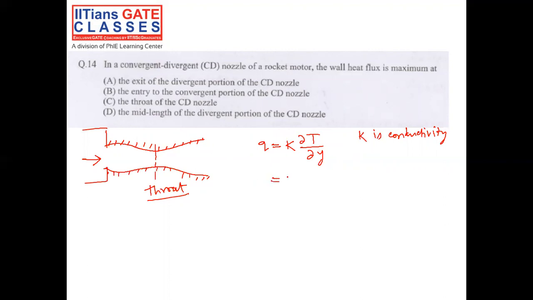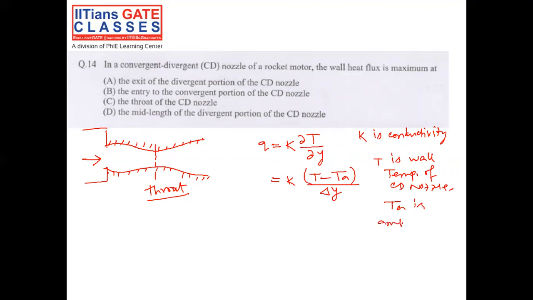So this can be written as K (T minus TA) divided by delta Y, where T is wall temperature of the CD nozzle, TA is ambient temperature, and delta Y is wall thickness of the CD nozzle.